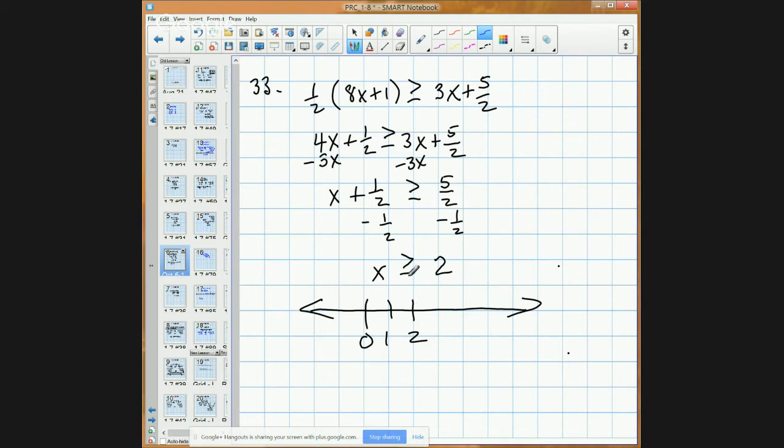So greater than or equal to 2, we make a square bracket right at 2, and then the shading goes, because it's greater than, to the right. So that would be the graphical part of that one. Any questions? No, I was just making sure I did it right. Okay. That looks like 33.